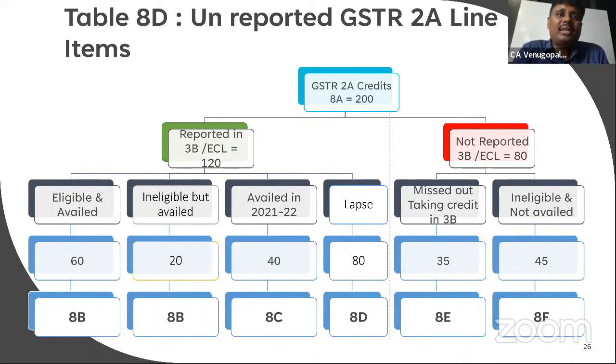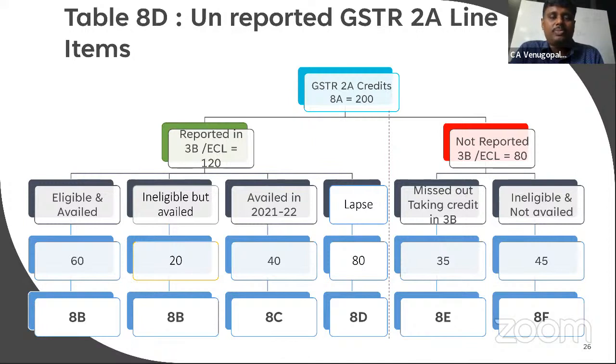If I have availed ineligible credit, though it is wrong and has to go to table 7, I will still report it in 8B, even though it is ineligible, because I have availed it. Next, if it is there in 2A of the current year but I have availed it in 3B of the next year, then you will report it in your 8C.